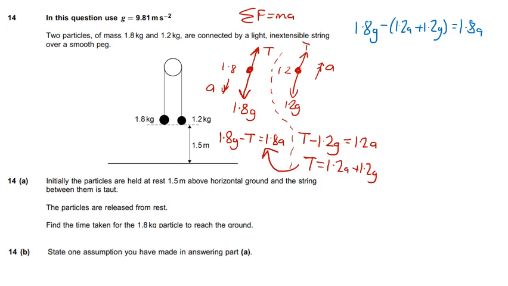So what we get is 1.8g minus 1.2g, that's 0.6g. And if we add the 1.2a to the other side, we get 3a. So a is equal to 0.6g over 3, which is 1.962 meters per second squared.